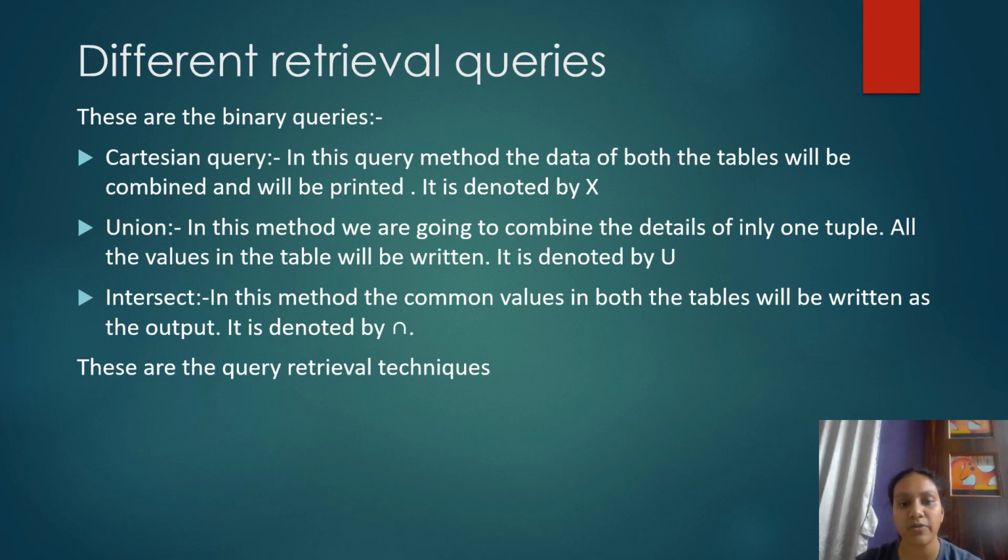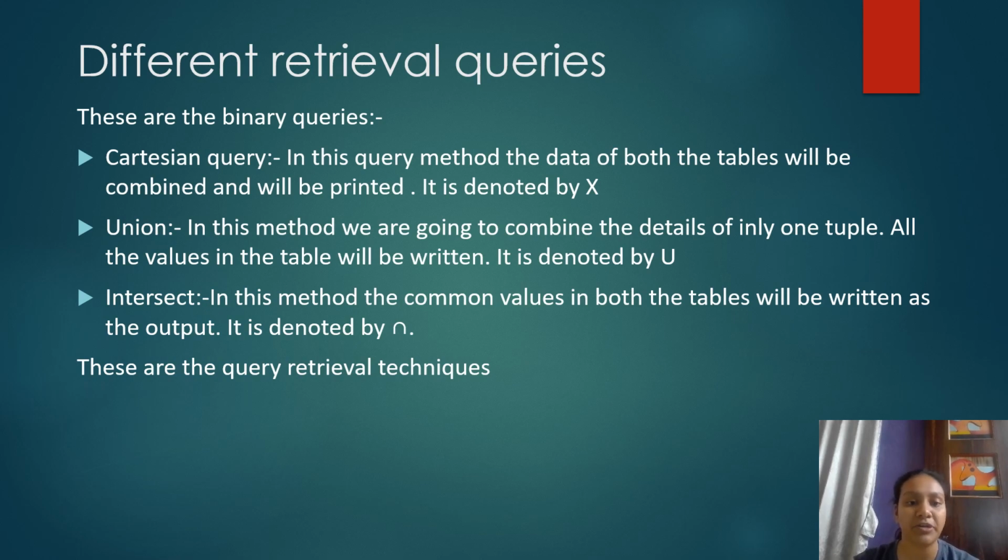If we consider two different tables and give the Cartesian product of the two tables, then the output of this query will be the combination of all the data present in both the tables, and it is denoted by x or the multiplication symbol.